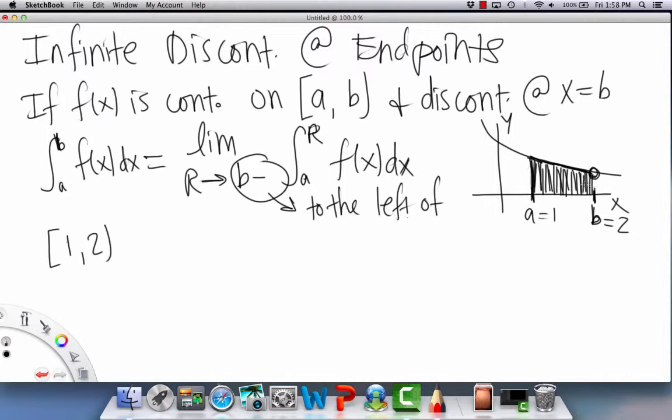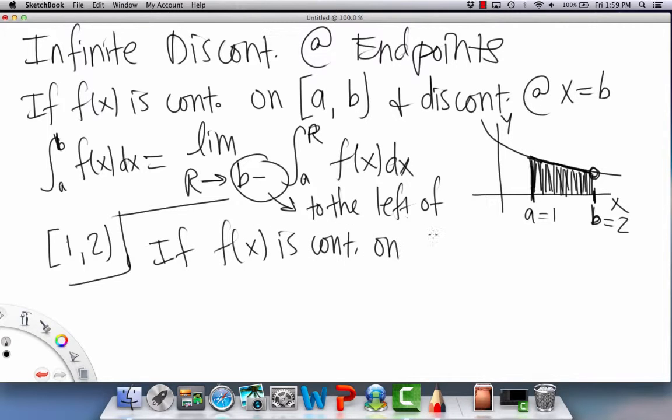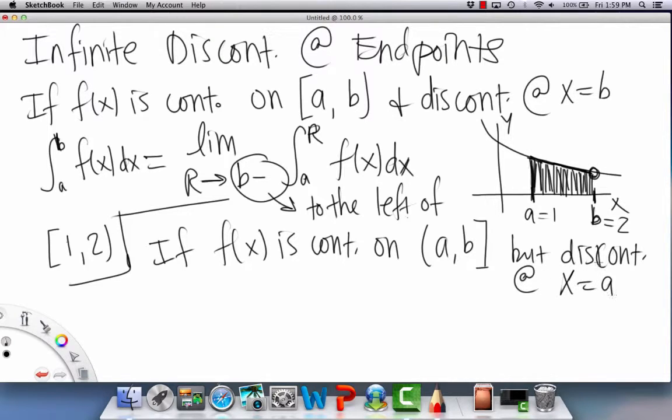Okay? Alright, so, yeah, and then we have the opposite. So this is when it's discontinuous at the top boundary or limit of our interval. But let's say we have, okay, so this is like a separate section here. If f of x is continuous again, continuous on, this time we're flipping it. So the rounded bracket goes at a, and the square one goes at b, and this one's going to be discontinuous at x equals a.